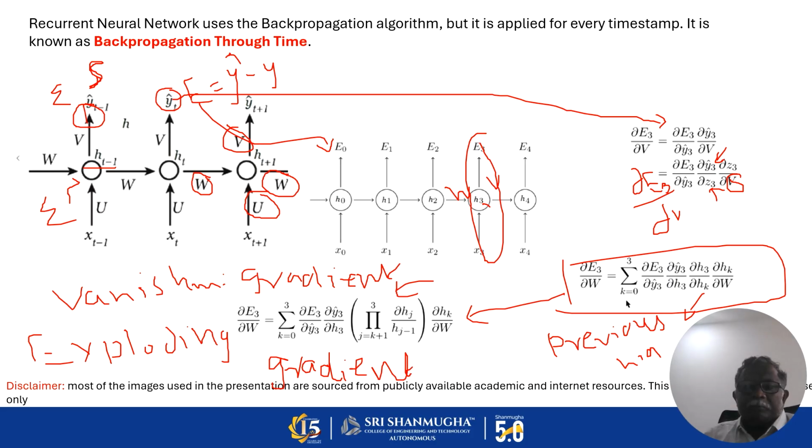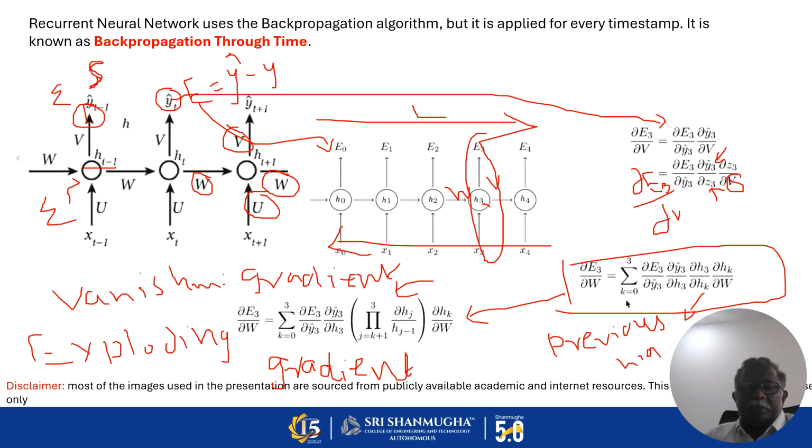What we are supposed to do here is differentiate with respect to V, with respect to W, and with respect to U. When you backpropagate, the error flows this way. This is how it works in the RNN architecture. Whenever the gradient is very small, we may end up with vanishing gradient.